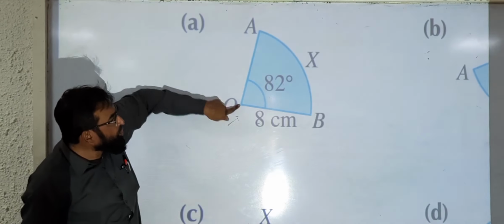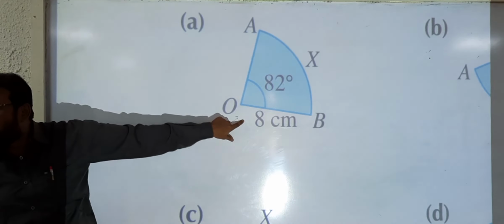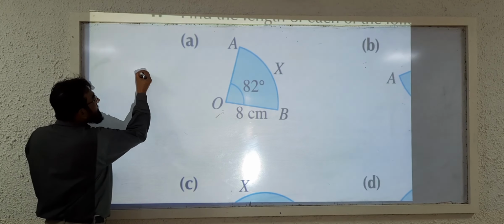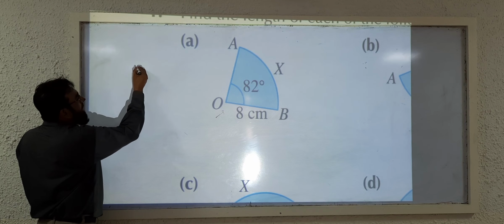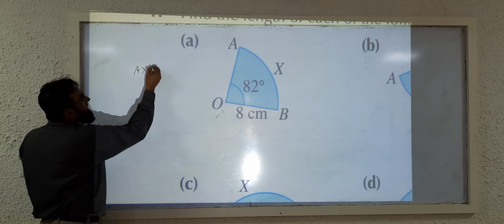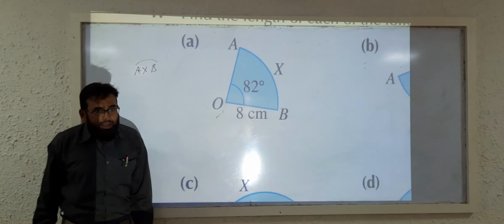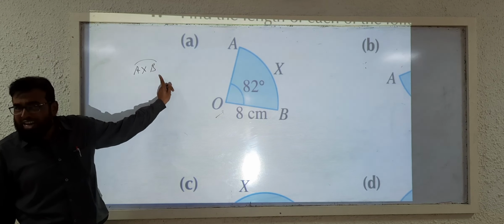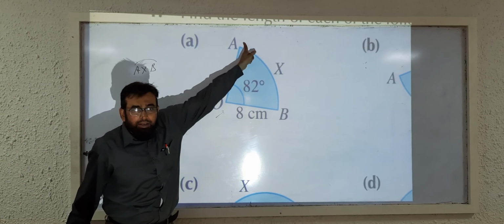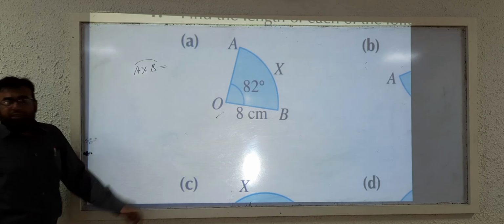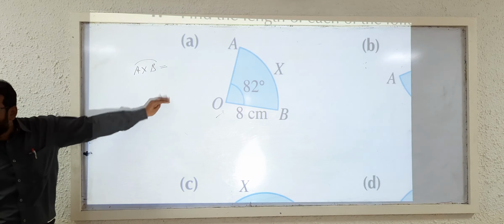In that, these two straight lines, which are the radii of the circle, will not be included. If he is asking you to find out AXB, this is only this curved line. AXB is the length of the arc.